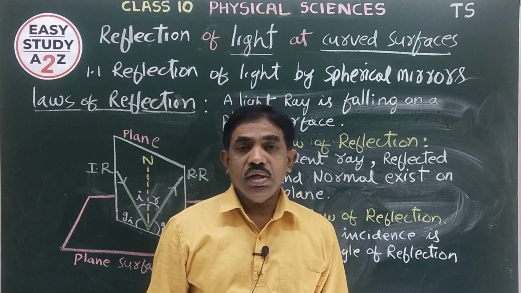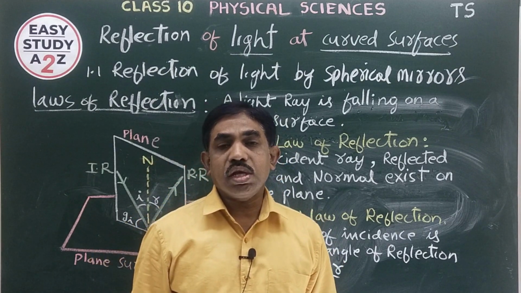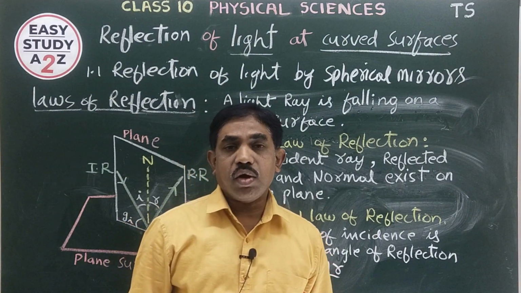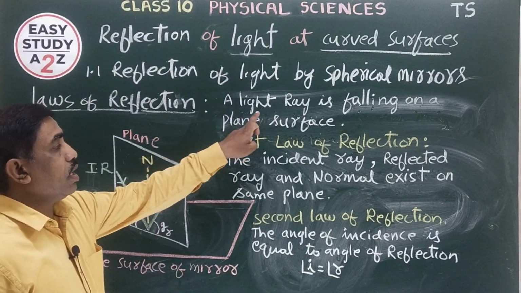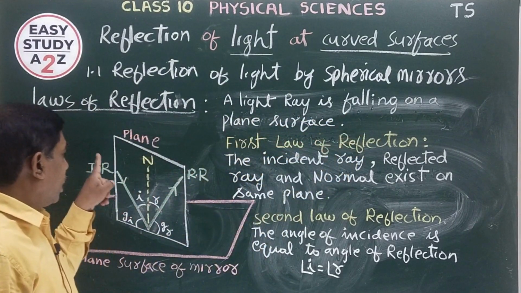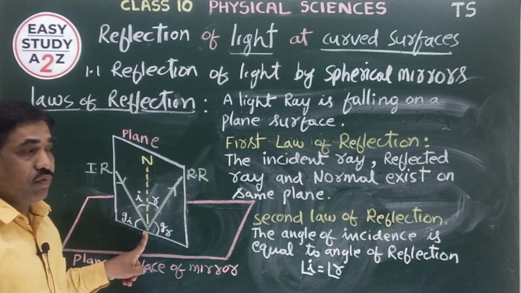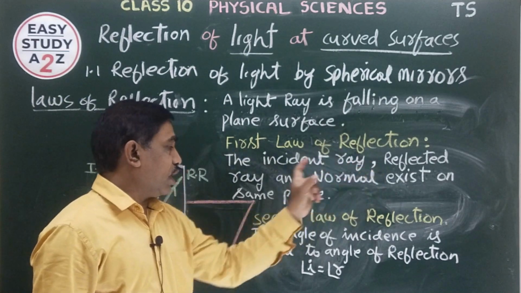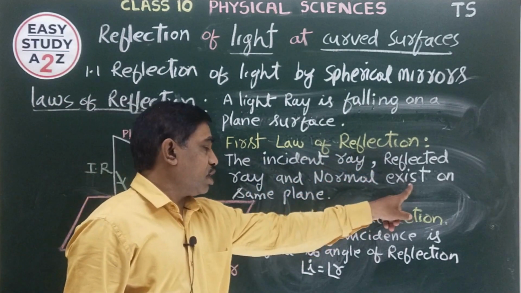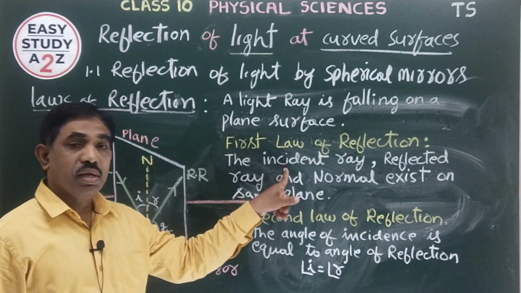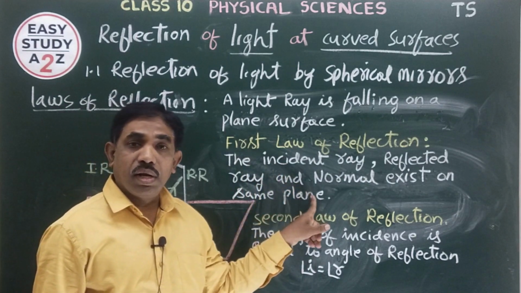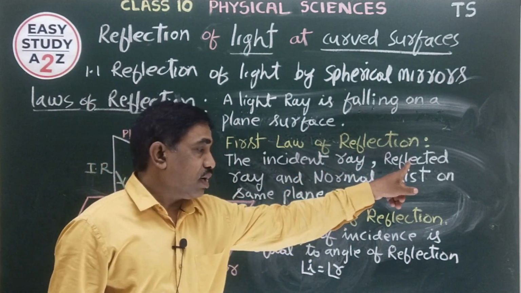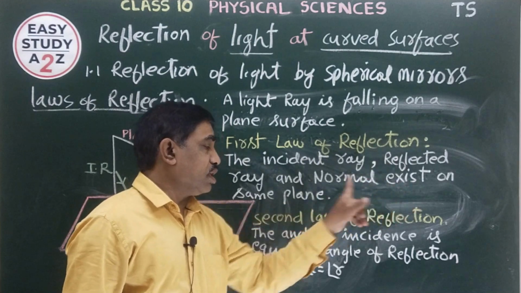In the examination, the examiners may ask the students about the laws of reflection. In that case, we have to write like this. A light ray is falling on a plane surface. The first law of reflection: the incident ray, the reflected ray and the normal lie on the same plane.